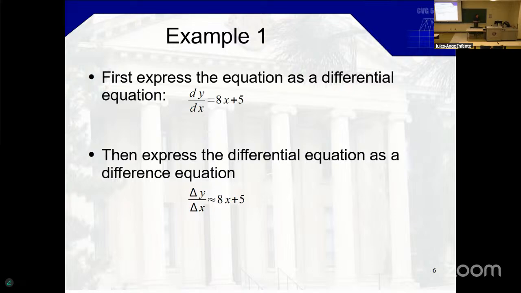So we have that value. What do we get if we have that difference equation? Well, delta y is equal to, I can multiply 8x plus 5 by delta x, and now I have expressed my delta y as 8x plus 5 times delta x.